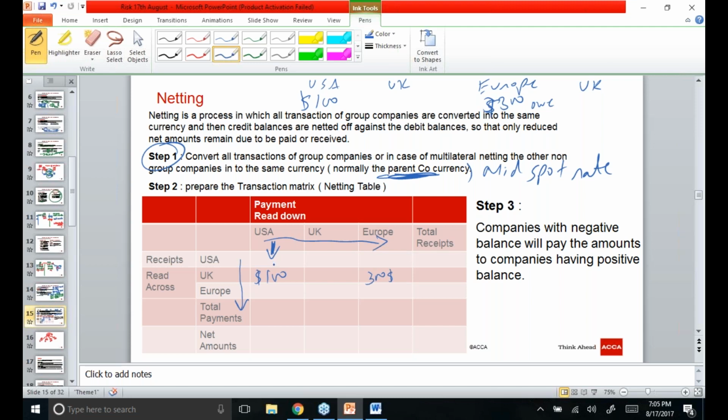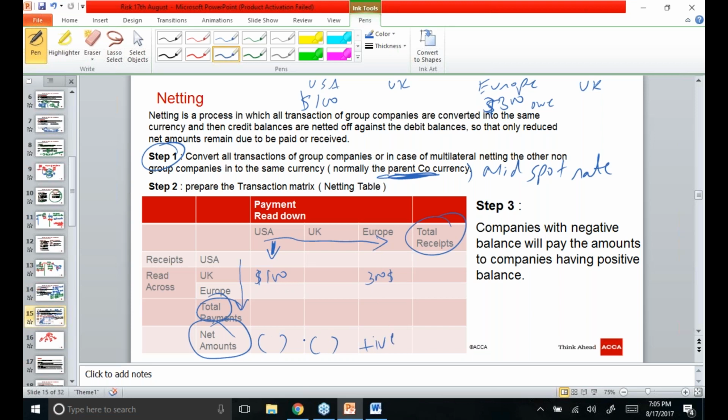Then we have to take the total of all receipts and the total of all payments. Those receipts will be netted off against the total payments, and we have the net amounts. So companies with negative balances will pay the amounts to the companies having positive balances. Let's suppose these two have negative balances and Europe has a positive balance.